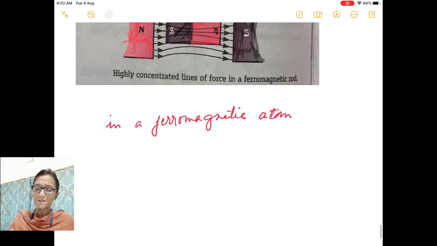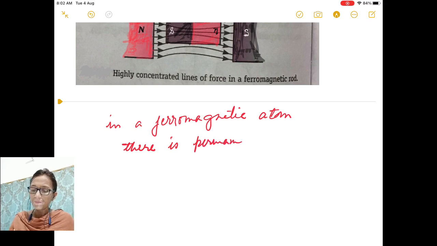So what are domains? In a ferromagnetic atom, there is a permanent dipole moment.